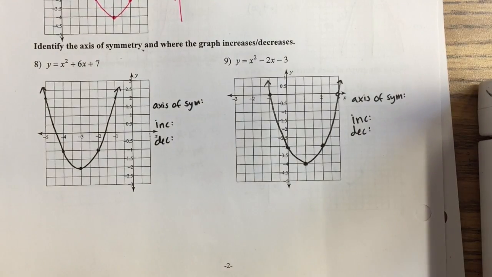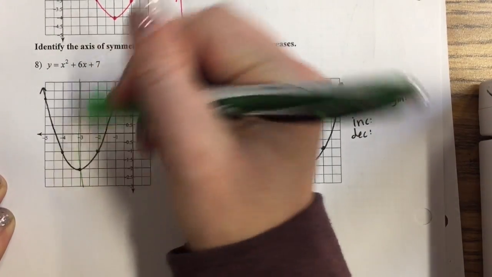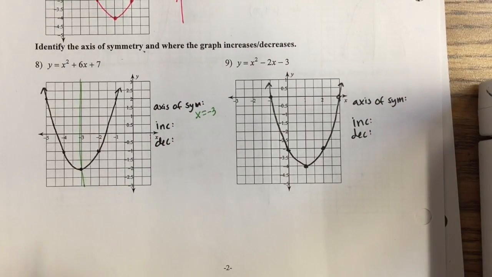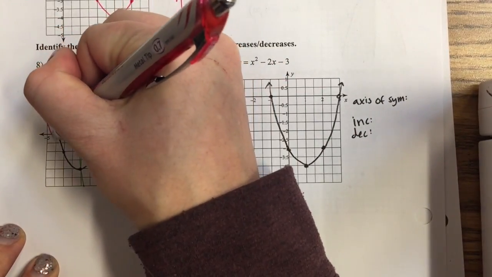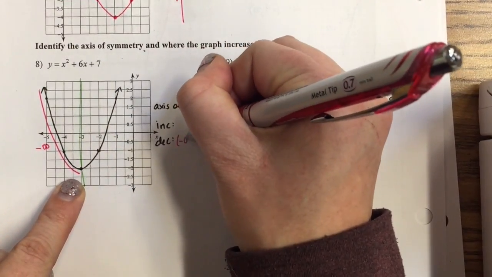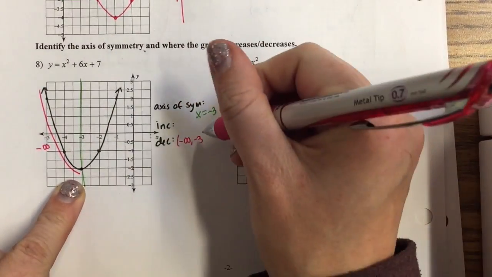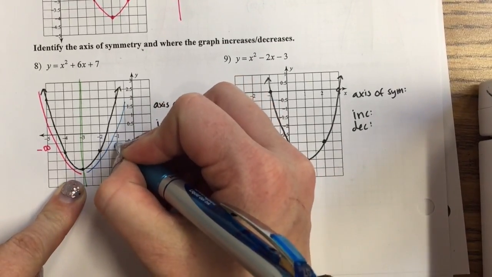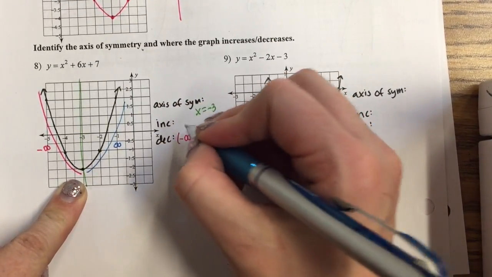Last ones to identify. Axis of symmetry, x equals -3. Decreasing is negative infinity to -3. Increasing is -3 to positive infinity on the right.